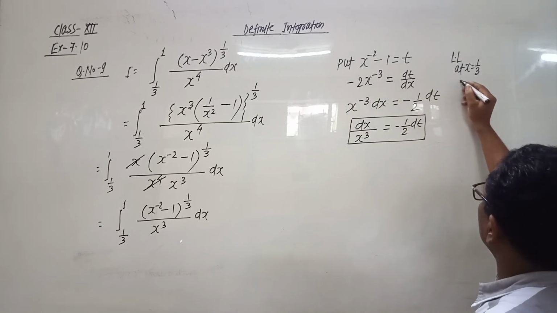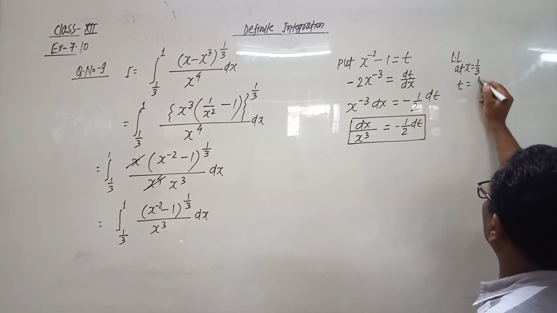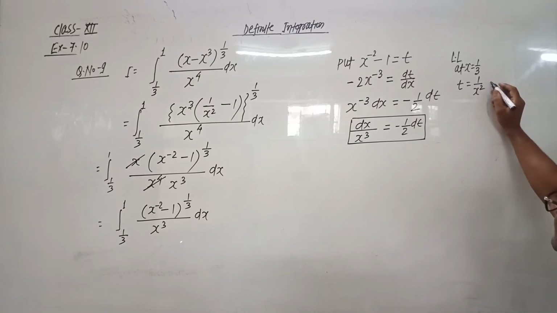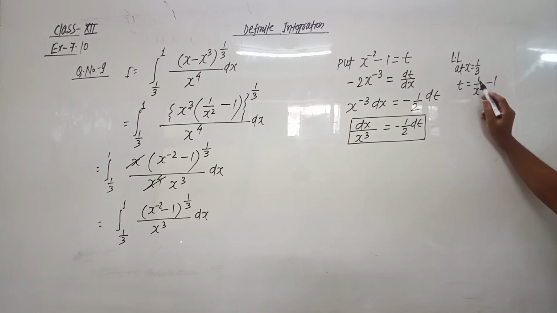The expression is t equals to x raised to the power minus 2, written as 1 by x square, minus 1. We have to find the lower limit, and for this we put the value of x equals to 1 by 3.